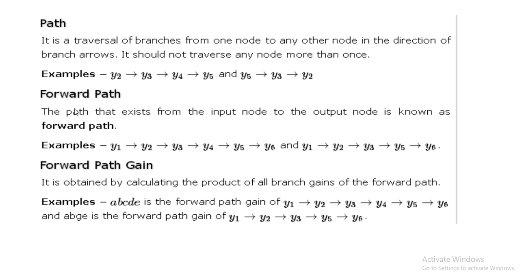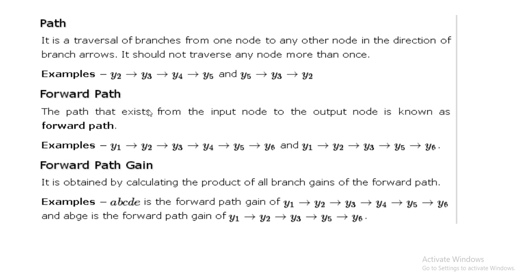So what do you mean by forward path? The path that exists from the input node to the output node is known as a forward path. This is a very important terminology that we have to use, because we were discussing the Pi, P1, P2, P3 paths. This is nothing but the forward path.